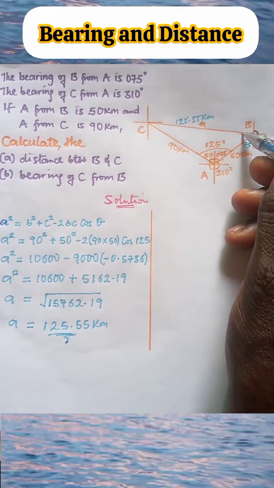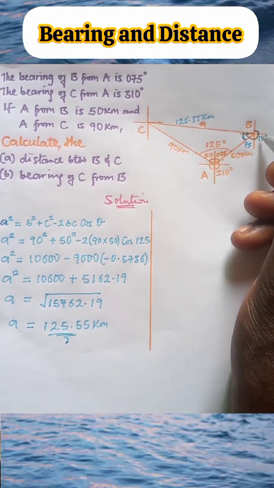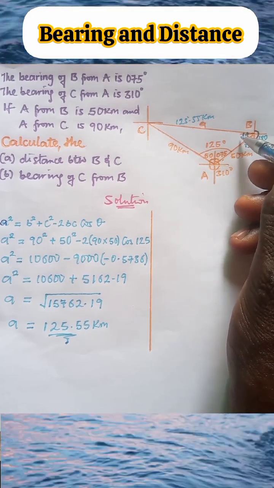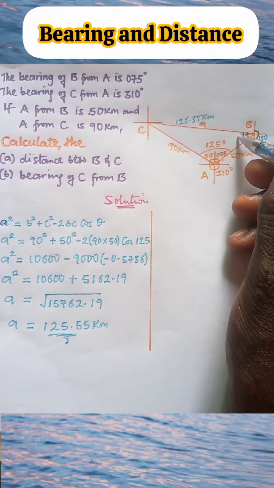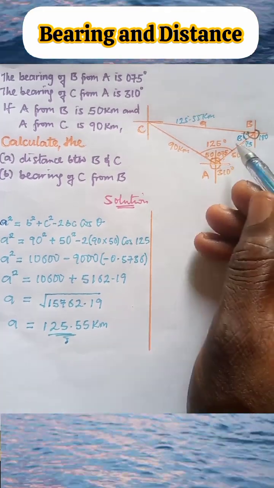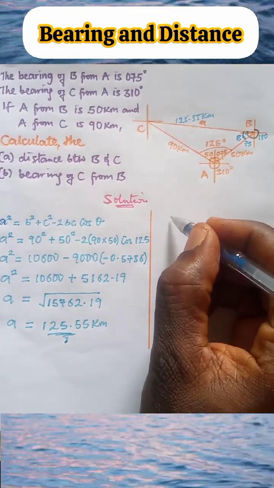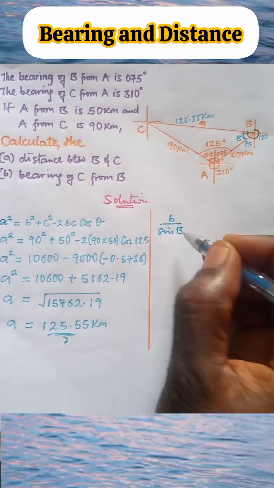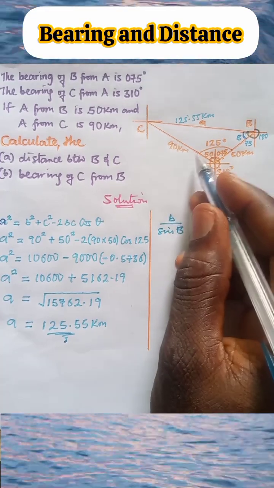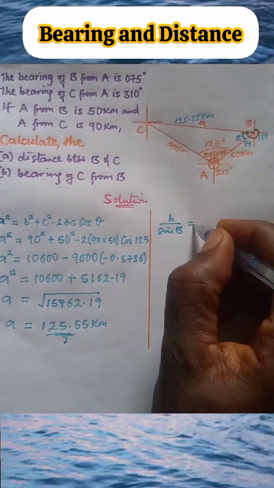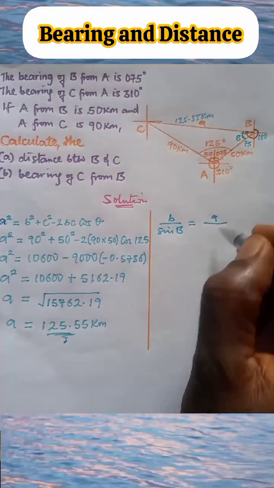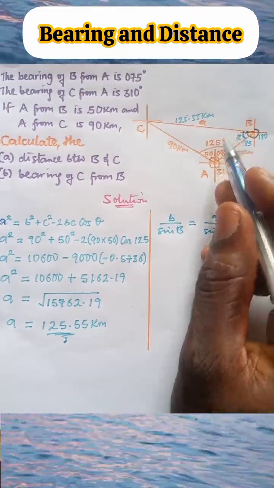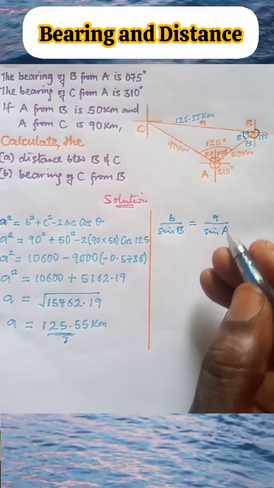So we will now calculate this angle here and add it to these other ones to get the bearing of C from B. To determine this angle, let us call this angle B. We are going to use the sine formula, which says B over sine B, which is this length B over the sine of the angle B, equals A over sine A, which is this length A over the sine of the angle opposite to the length.